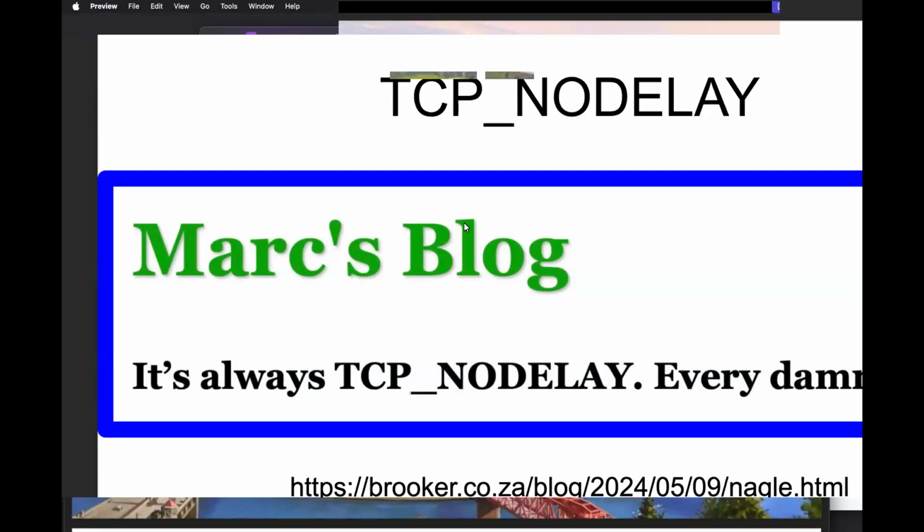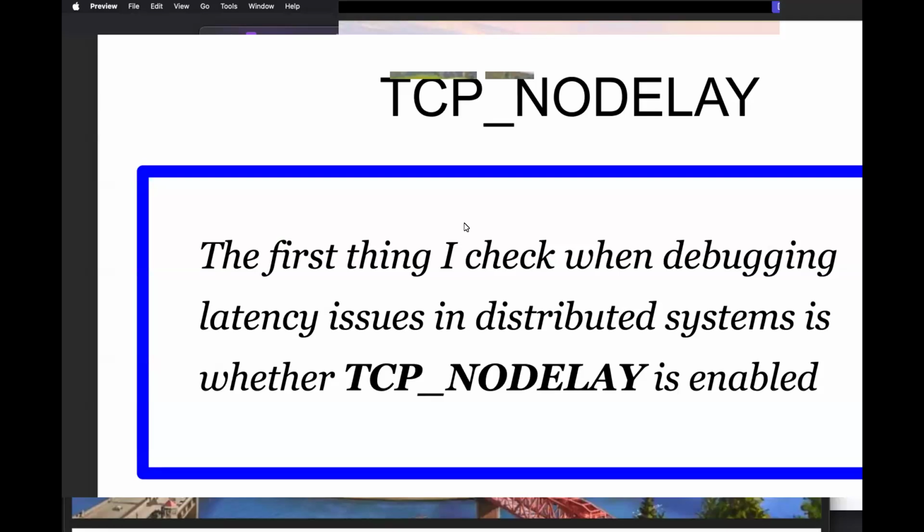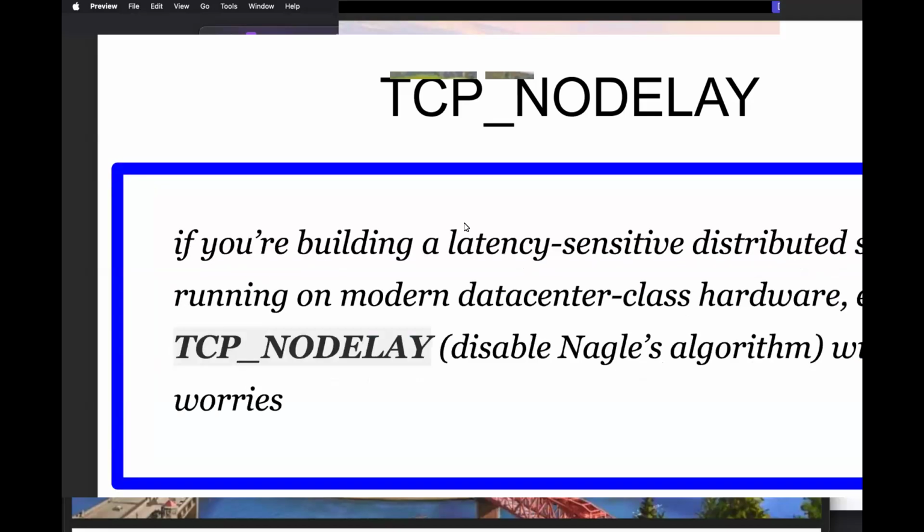And he basically said that at AWS, whenever he's investigating a networking issue, he looks to see if no delay is set or not. Anyway, so it turns out Netty will actually just do this by default for you. So you don't necessarily have to think about this. But anyway, this blog post is sort of fascinating in and of itself.